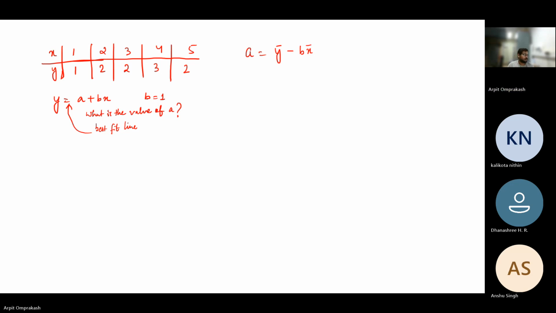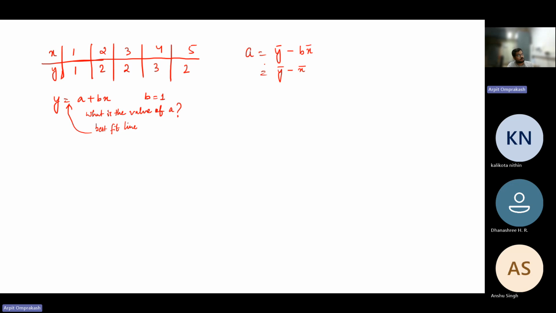Hmm. So we know the value of B is 1. So A is given by y bar minus x bar. So what do you say?